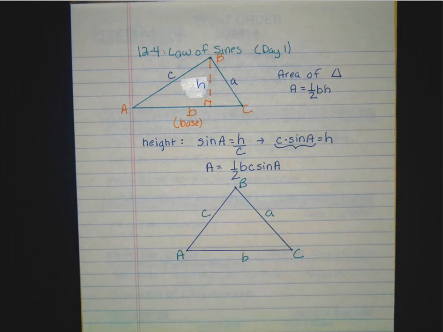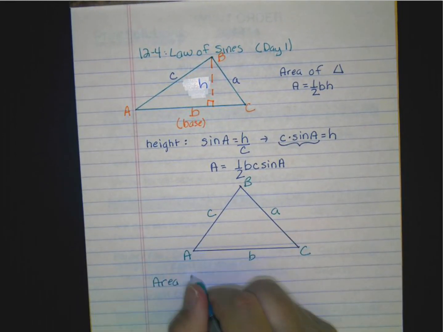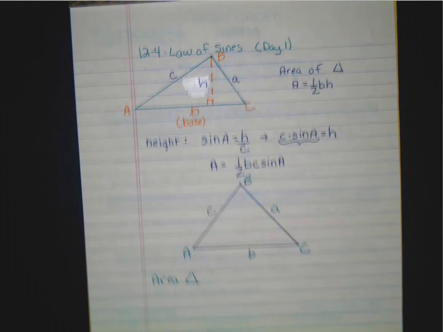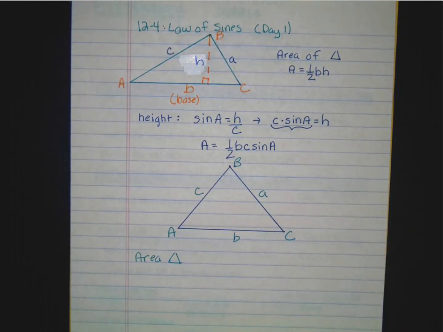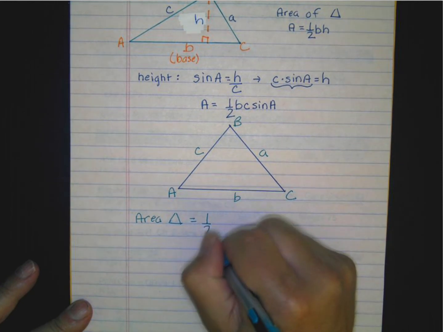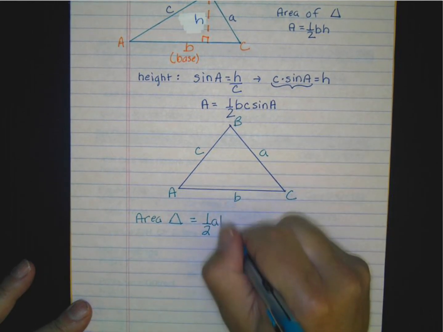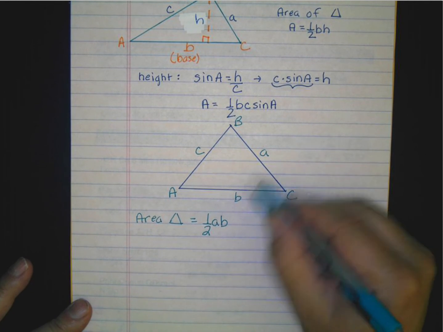All right. So area of a triangle, any triangle, doesn't have to be a right triangle. If we apply those 2 things right there, it can be equal to 1/2 times sides A and B. Which angle is included between A and B?